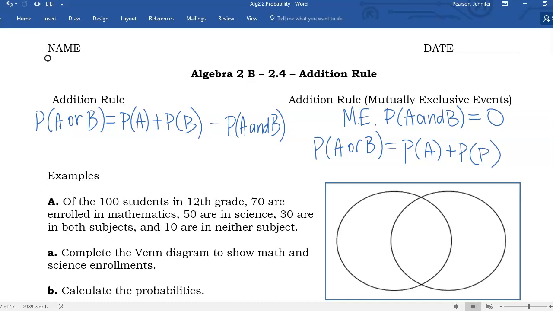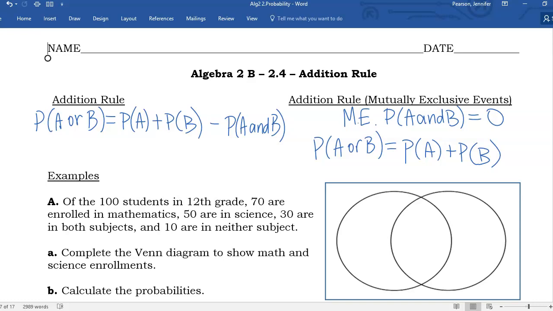So, to reiterate, if two events are mutually exclusive, it means they cannot happen at the same time. So if you want the probability of A or B, you need to add their probabilities together and subtract any overlap if it exists. That's our formulas.